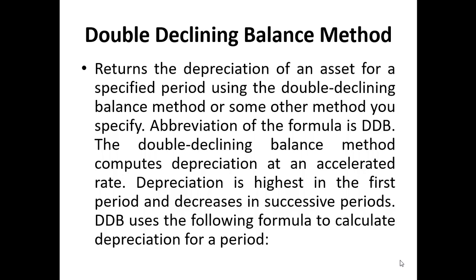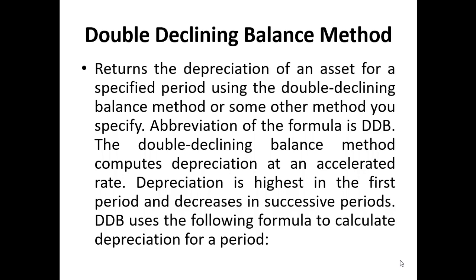It says that the double declining balance method returns the depreciation of an asset for a specified period using the double declining balance method or some other method you specify. By default it takes double the value of depreciation, or if you want to change it, say you want to make it 3 times, you can make it 3 times, or if it is 4 times, you can make it 4 times. We'll see what it is. The abbreviation of this formula is double declining balance, denoted by DDB.